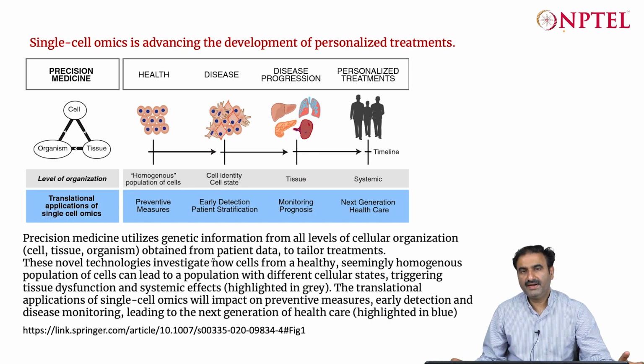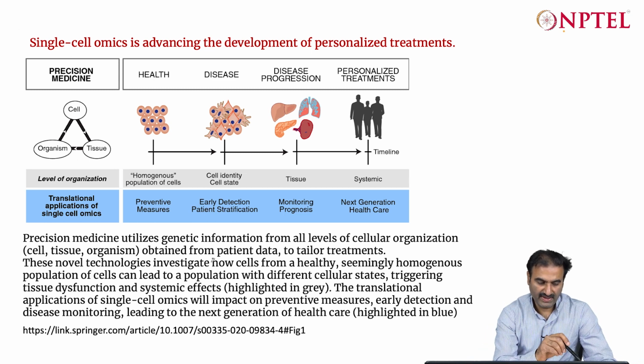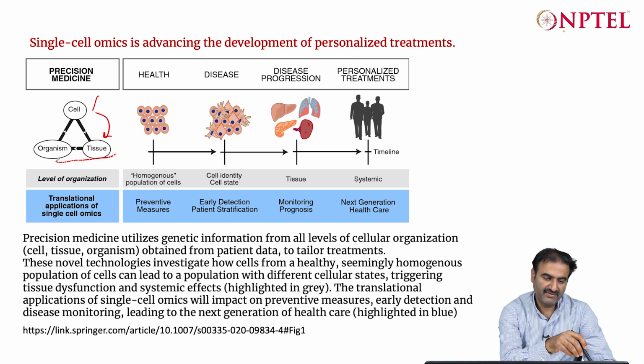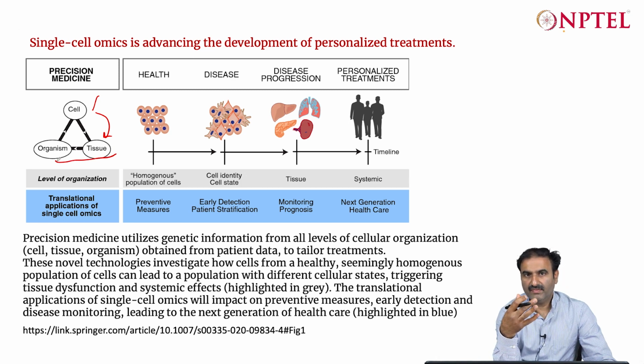Ultimately this understanding will give rise to the development of personalized treatment, which is the ultimate aim and goal of the various therapeutics mainly focused on human health. Here what we are trying to understand is first the cell, and then how this cell is communicating or performing its role in the tissue environment, which ultimately leads to the complexity that we see in the complete organism.